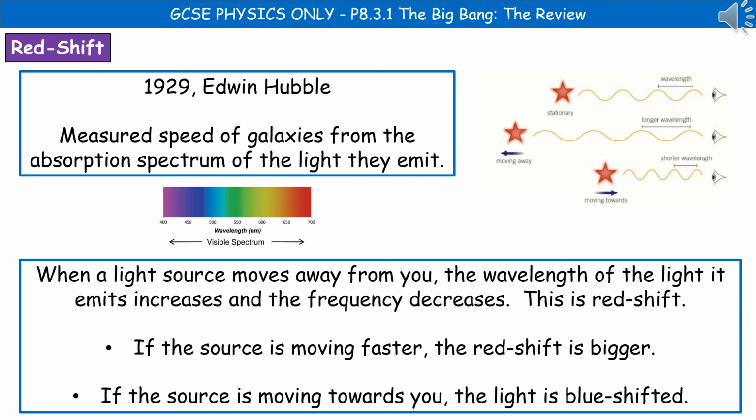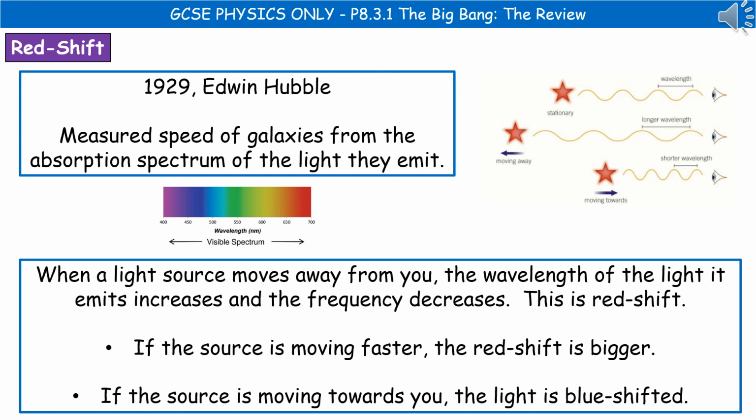And you can see there that the wavelength of the red light is in the 700 nanometer wavelength, so it's longer. Whereas if we had a light source that was moving towards us, then it would be moved to the blue end of the spectrum, because the wavelength would be decreasing and the frequency increasing.